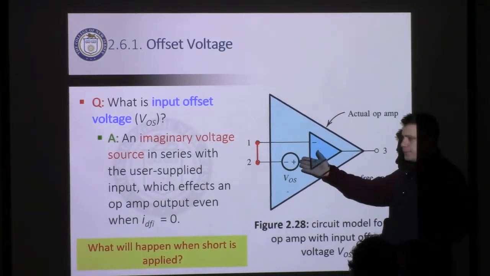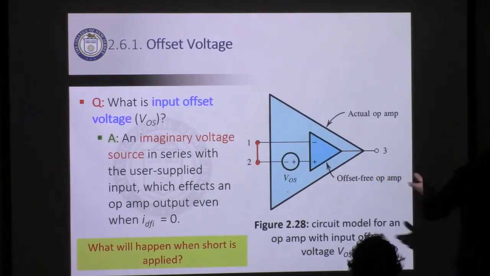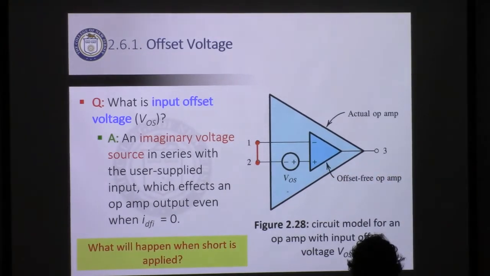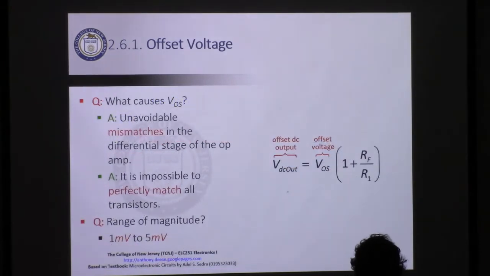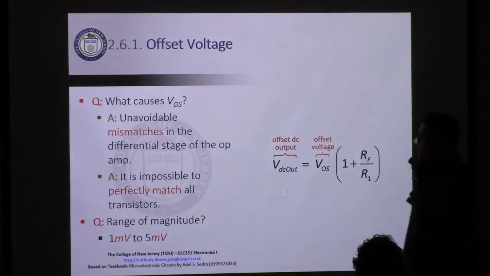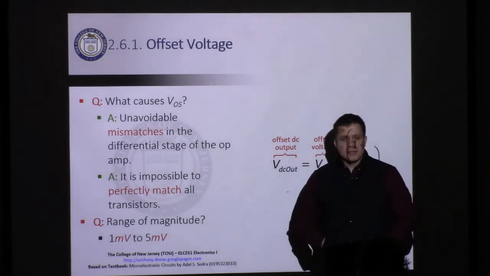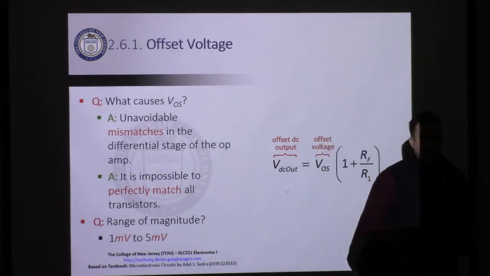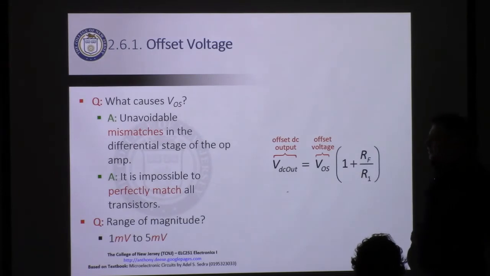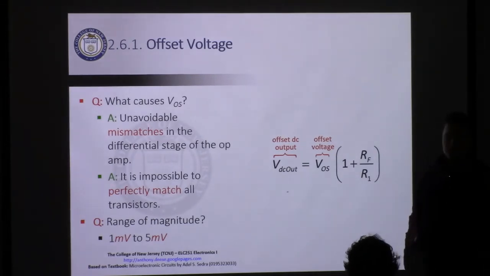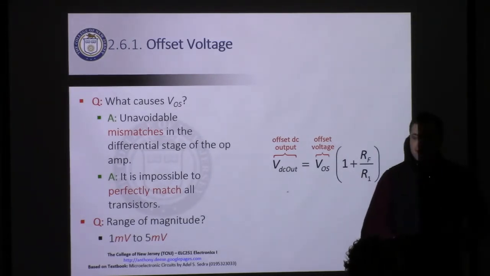Now, be aware that this is just a way of imagining the problem. There is no actual voltage source inside of the op-amp. So what causes VOS? Unavoidable mismatches in the differential input stage of the op-amp. It's impossible to match all the transistors perfectly, and in the input stage the current takes different paths.